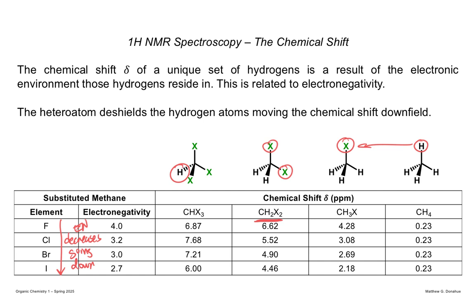So the more you add on there, it's not a linear progression. It's dying off a little bit each time. And then we do the third substitution. So we have CHX3, and notice it's not that big a jump to do the third substitution at this point. Does everyone follow that trend?